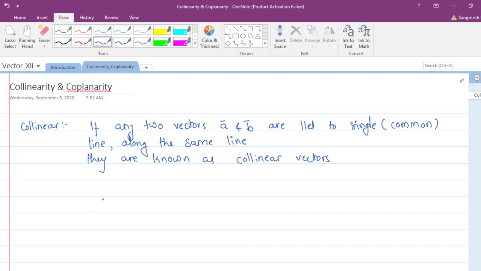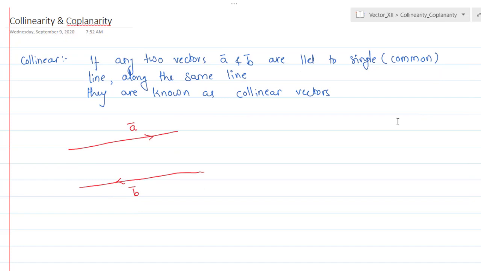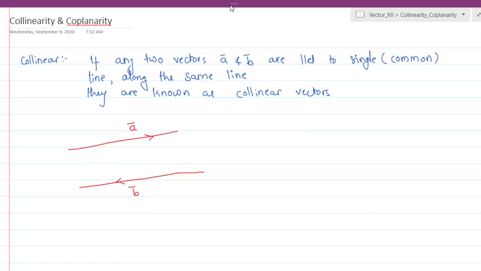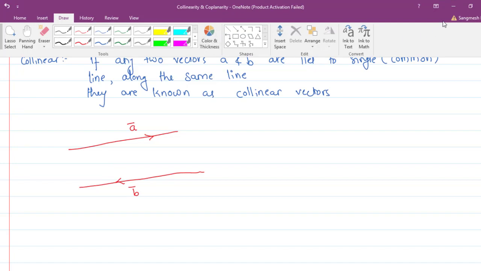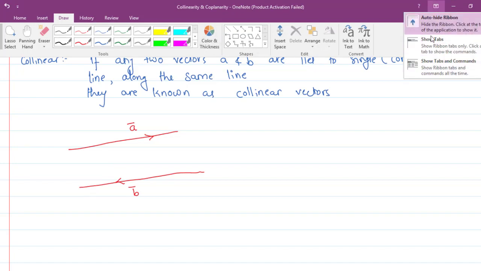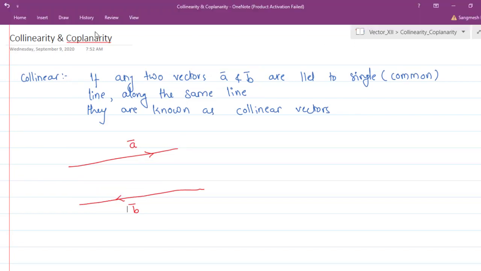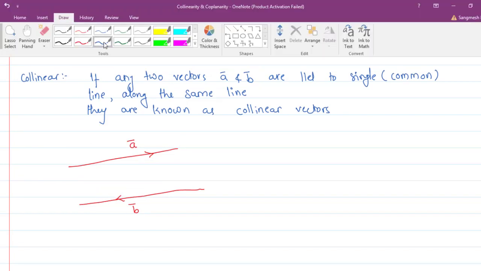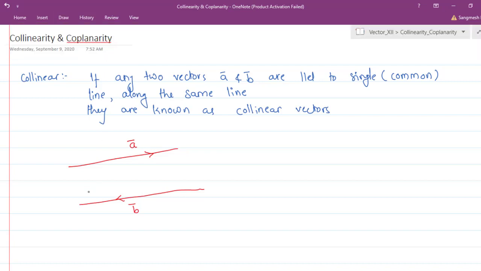Let's see with the help of a diagram. Suppose you have a vector A bar here, and there is another vector B bar in this direction, let's say. Now these two vectors are parallel to the common line.